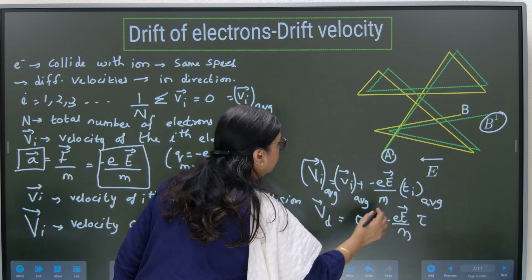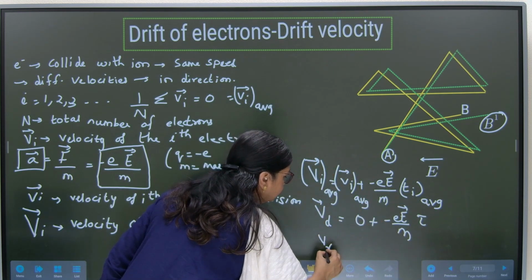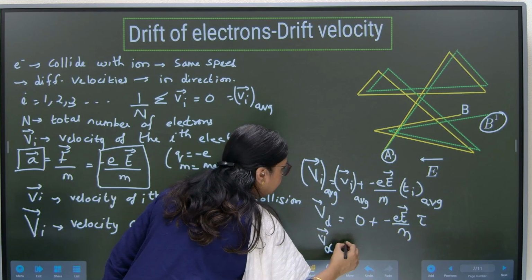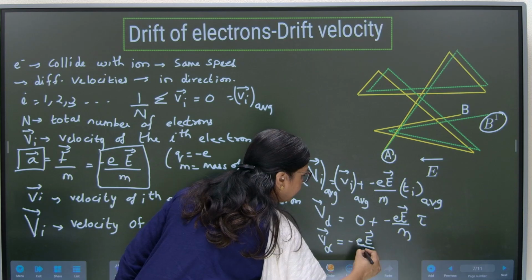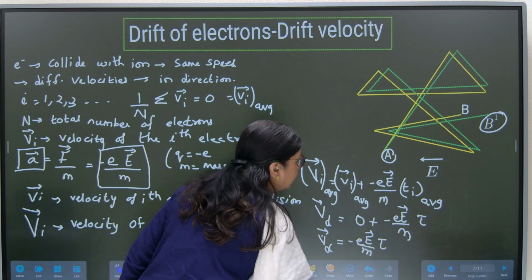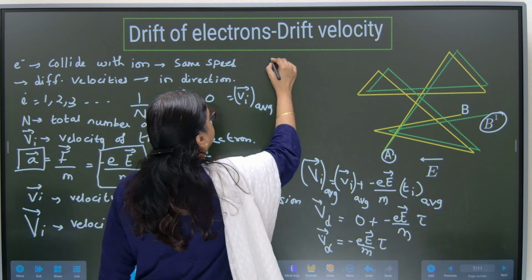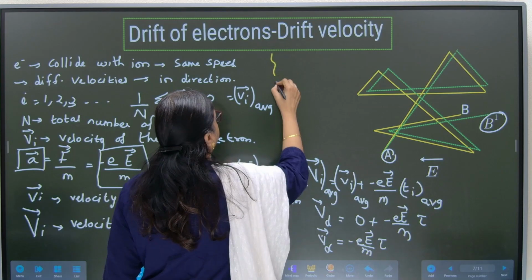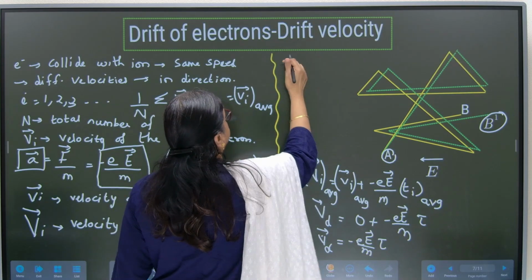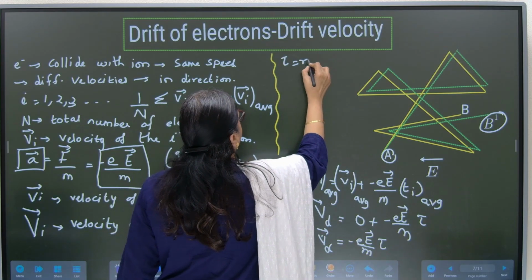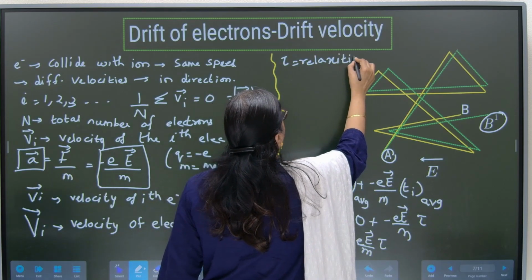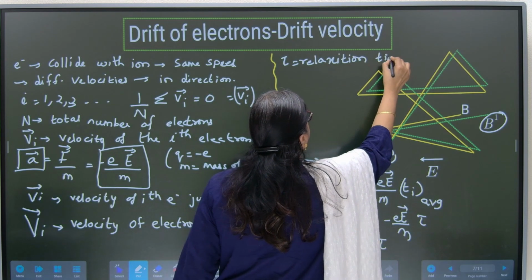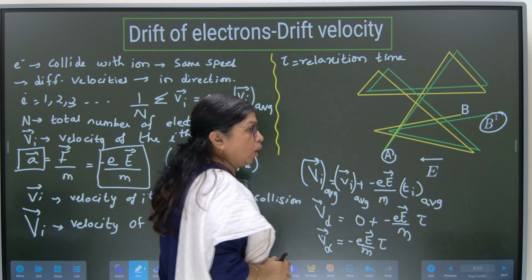Therefore, Vd is equal to negative eE upon m times tau, where tau is the relaxation time between two successive collisions of the electrons.